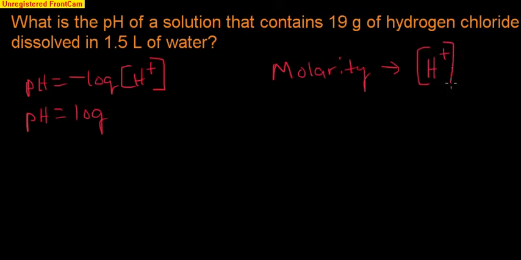Now later on, if you go into higher levels of chemistry and you look at weak acids and things of that nature, you'll do more in-depth calculations with this. But just for right now, we'll just assume that hydrogen chloride being a strong acid, if we can figure out what the molarity of the solution is, that is going to tell us what the hydrogen ion concentration is going to be.